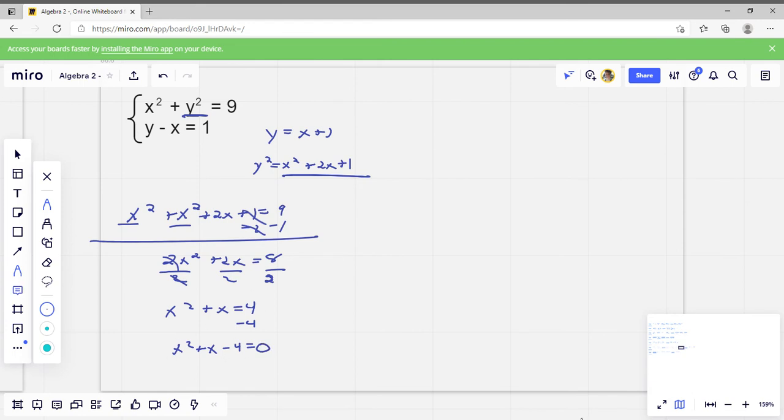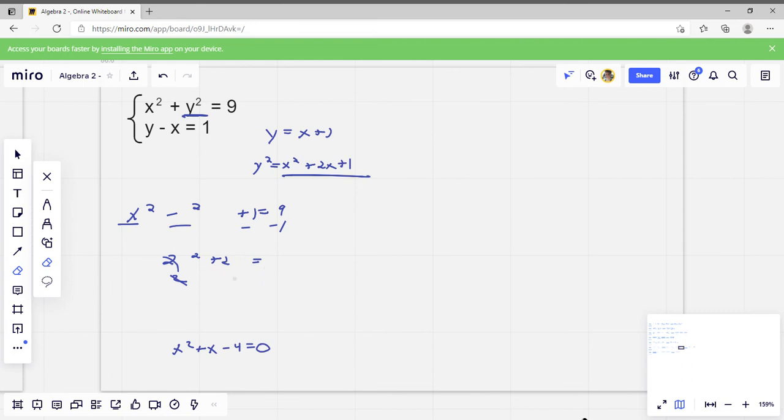So we're going to have to use the quadratic formula to solve that to get our x and our y. We're going to need some room. Hopefully you guys have memorized the quadratic formula.